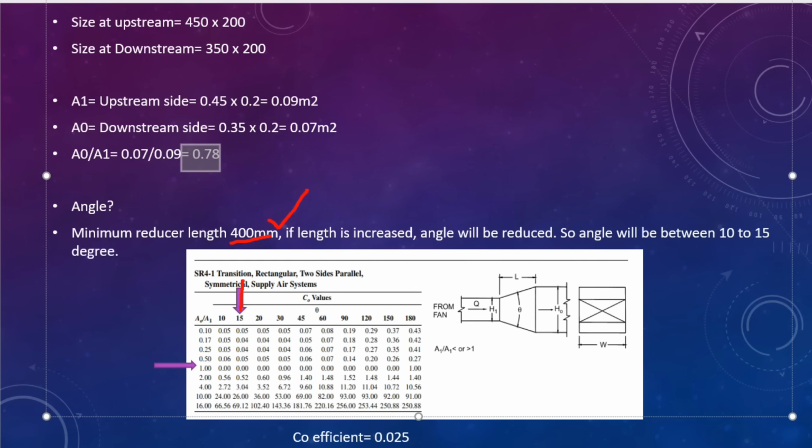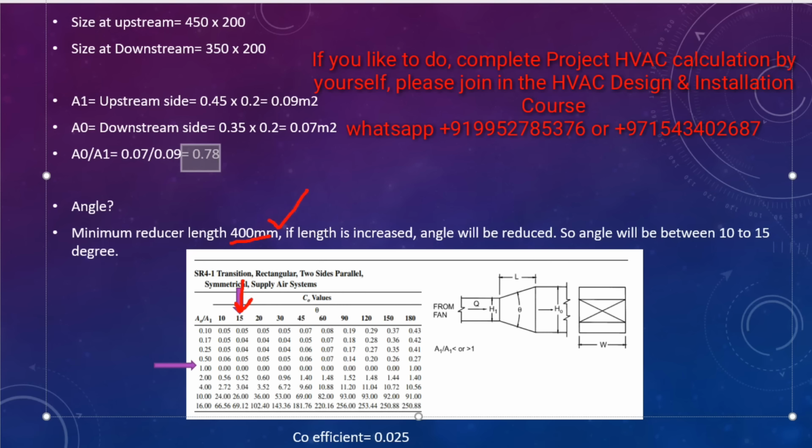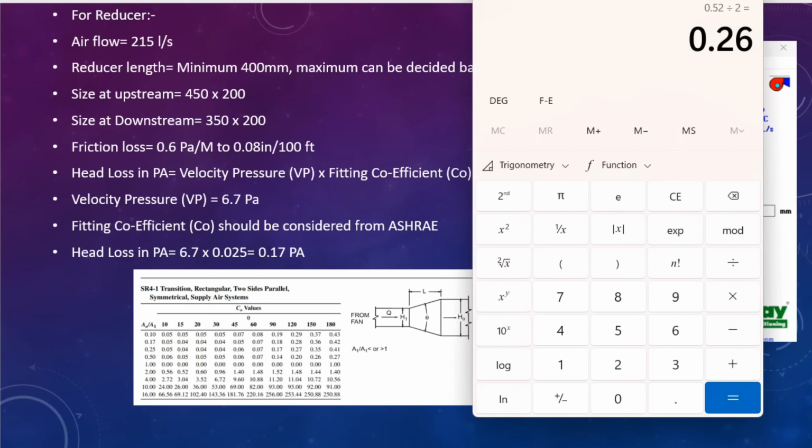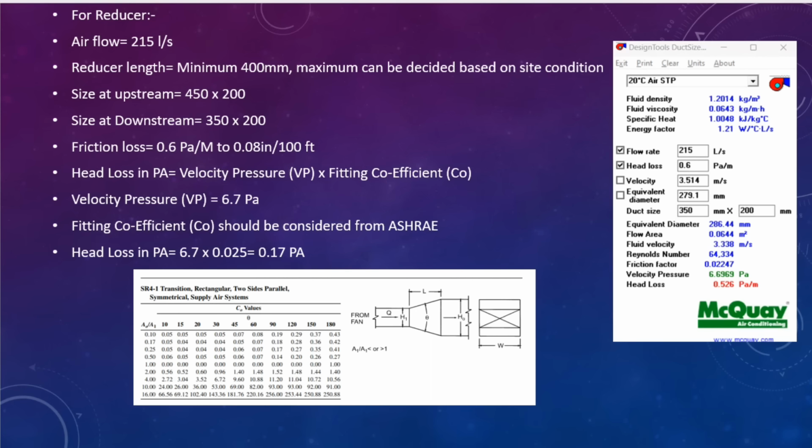So I have considered 15 degrees from here, and this one, 0.78, is in between these two. So again we have to take the average of these two answers, 0.00 and 0.05. If you take the average, 0.00 plus 0.05 divided by 2, it will be 0.025. So that one I have applied here.